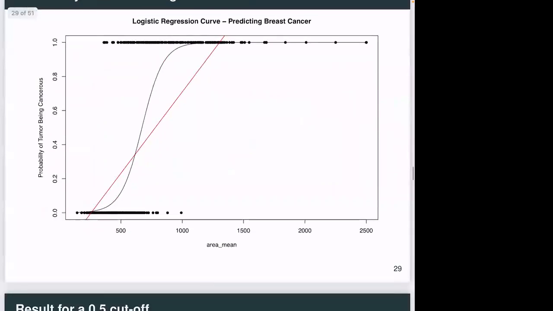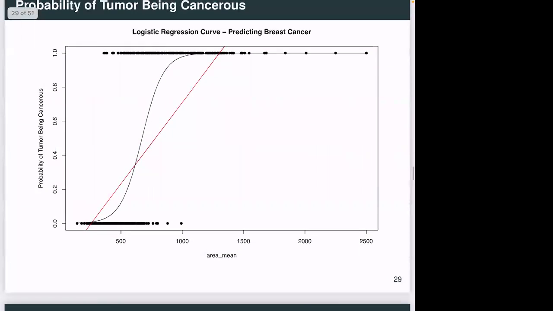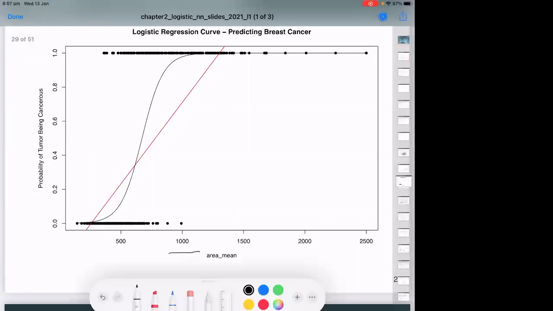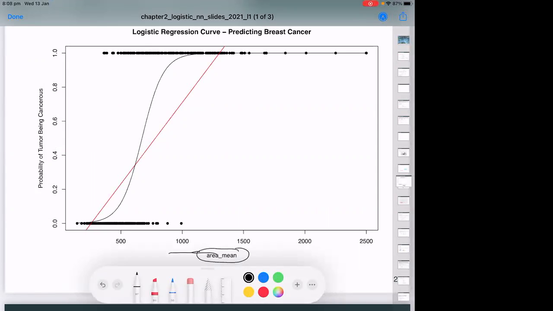If I have just one feature in this data set, the mean area of the mass, on the X you can see this feature, and I have the outcomes: benign, so 0, or malignant, 1. I try to fit a model.